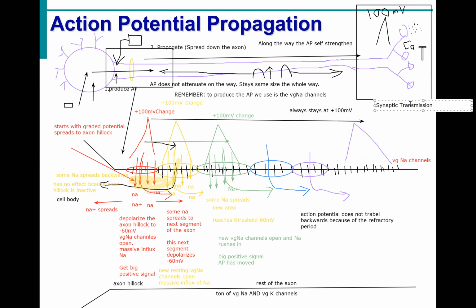So synaptic transmission is a separate possible essay question. All we're talking about with this propagation question is how does the action potential get down the axon? And along with that, how does it stay the same size?